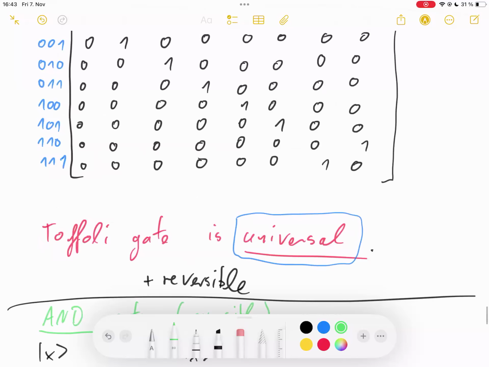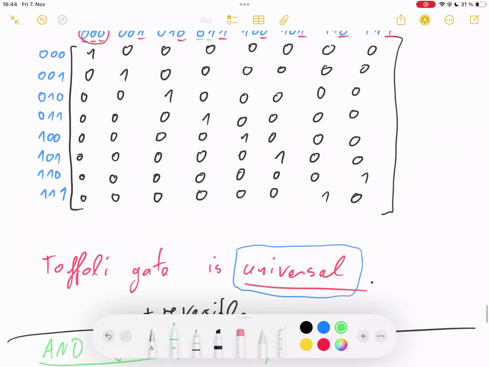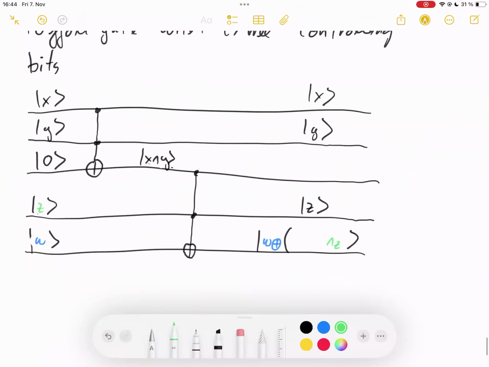Remember from the classic Toffoli gate, I had X and Y with an AND, X or Z. Now I have this W for XOR, I have this Z which goes in here. And how would I complete this term here that I put in red?